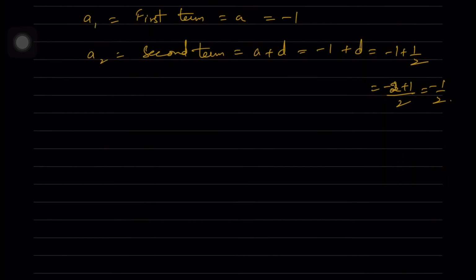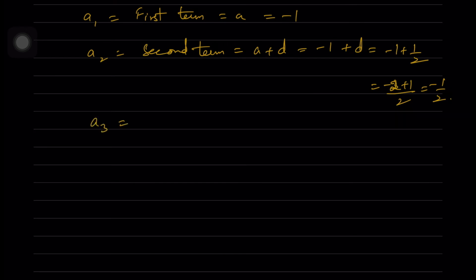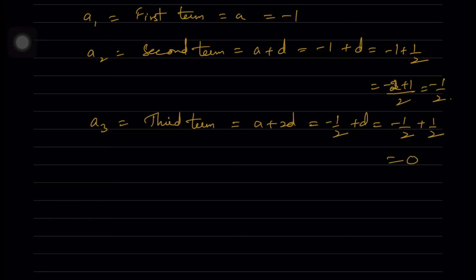So we are getting minus half. Then a3 is equal to the third term, which is equal to a plus 2d, which is equal to minus half plus half, which is equal to 0.